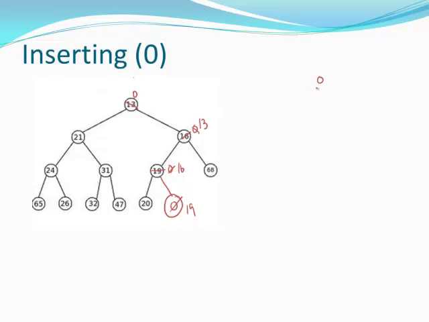So our final tree looks like 0, 21, 13, 24, and 31, 32, 47, and then you will have 16, 68, 20, and 19.